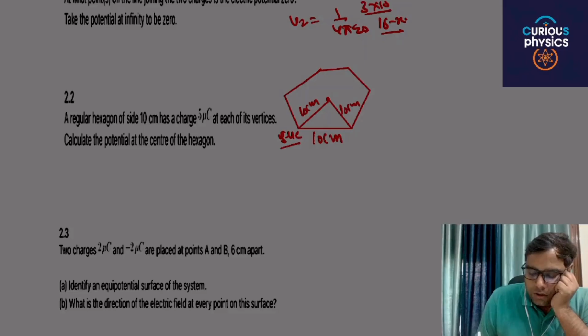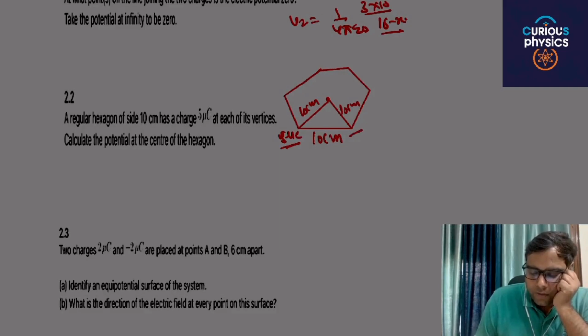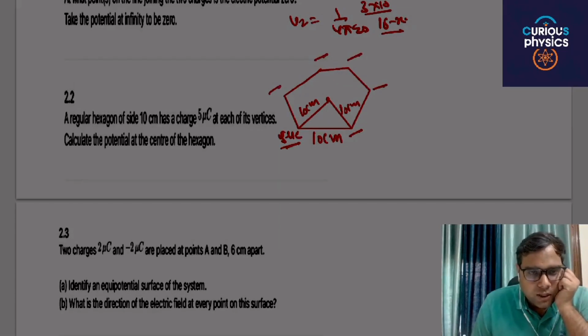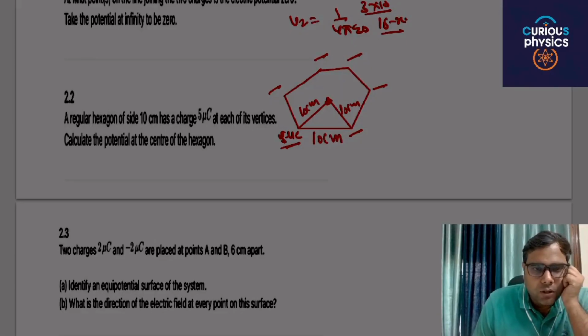All charges of 5 microcoulomb are placed at its vertices. So 5 microcoulomb here, here, here, here, at all the vertices, and from one vertex the potential will be 1 by 4 pi epsilon naught, Q 5 microcoulomb by R 10 centimeter.